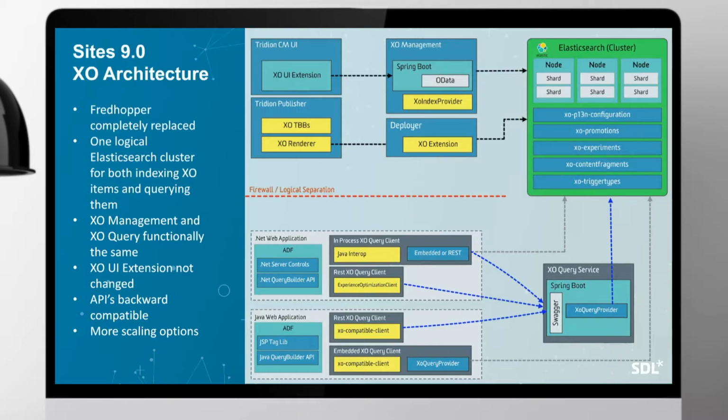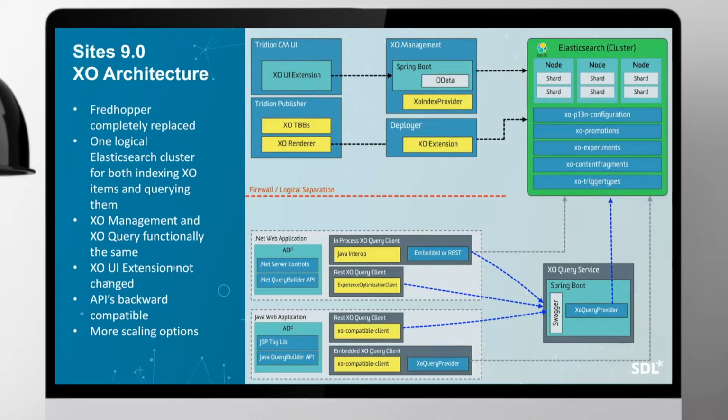And if we then again move towards the content delivery side, not much has actually changed. So there's still a query service, and that query service now talks to Elasticsearch instead of Fredhopper. The query service has a Swagger definition as well, which is quite cool. It's very minimal because the only thing that it currently does is basically being able to receive your query parameters, and that's pretty much it. But that's all we need, so that's good.